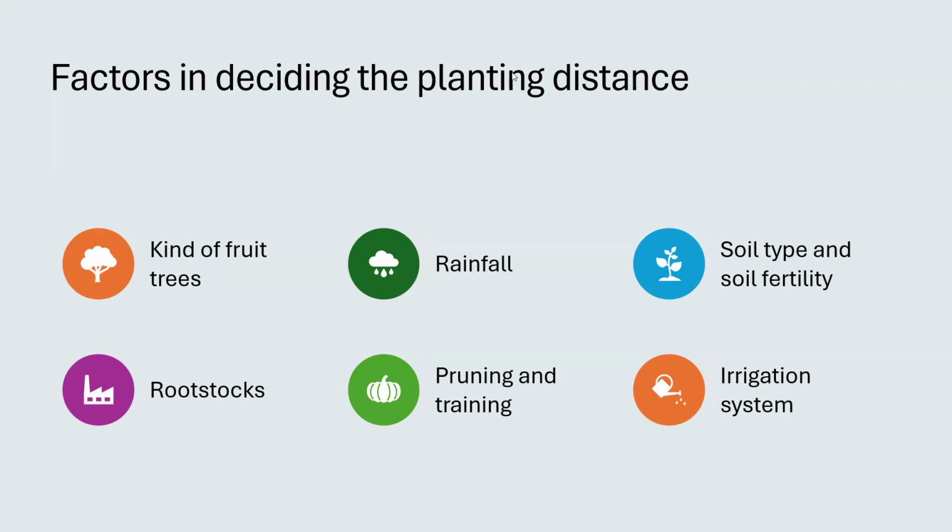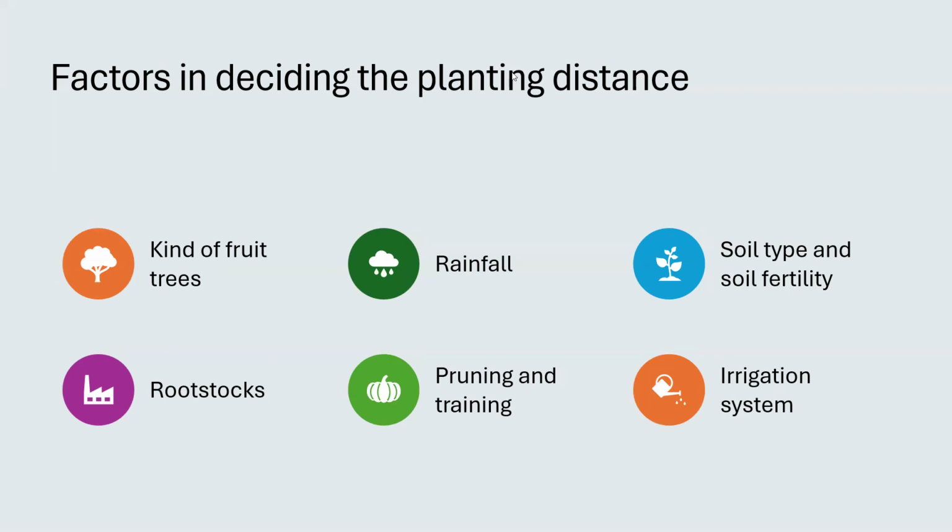The last factor, we have the irrigation system that we use. So, gaya rin sa rainfall kanina, kung limited yung supply mo ng patubig, then mas maganda na mas distance yung spacing ng yung mga tanim.